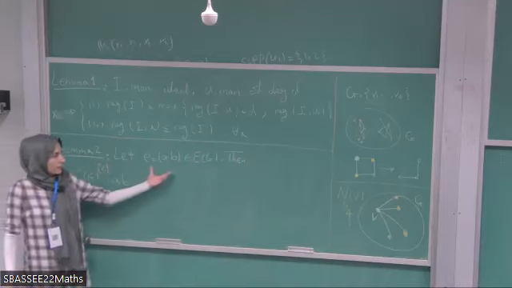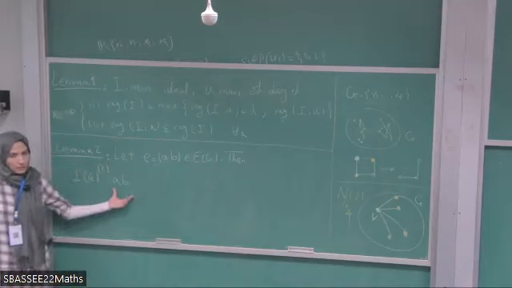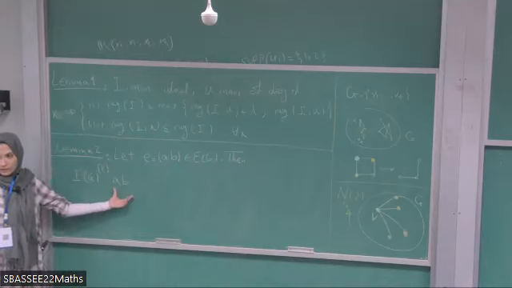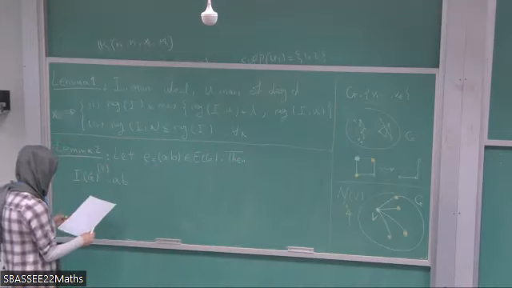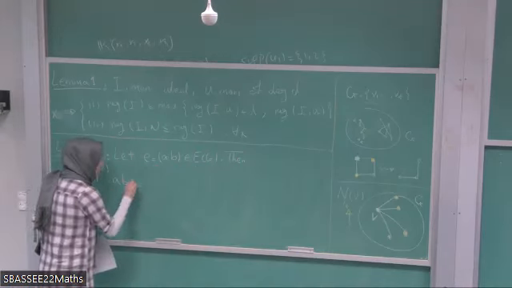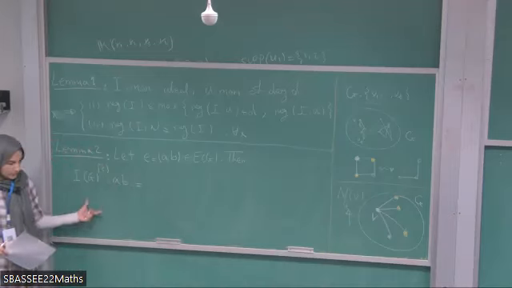I told you yesterday that if I have the edge with endpoints A and B, I may write the monomial the same, just with the names of the vertices. And now we want to describe what this actually is.